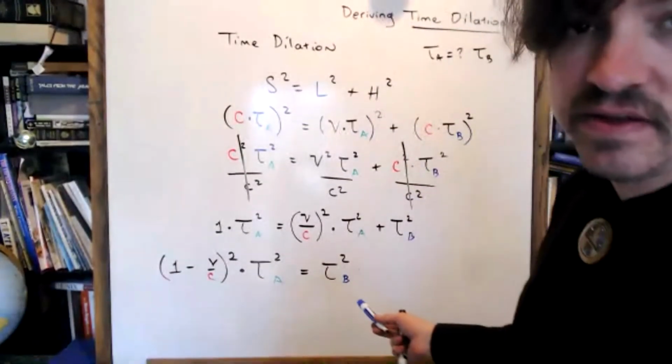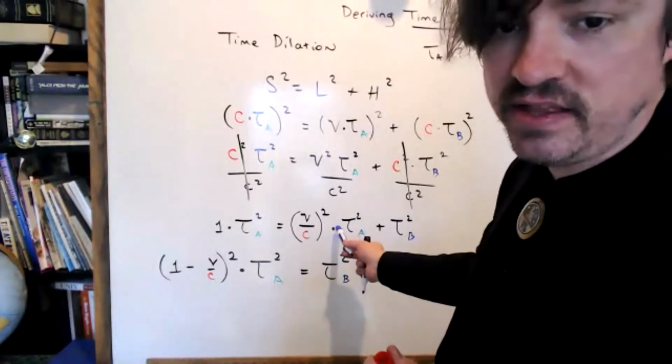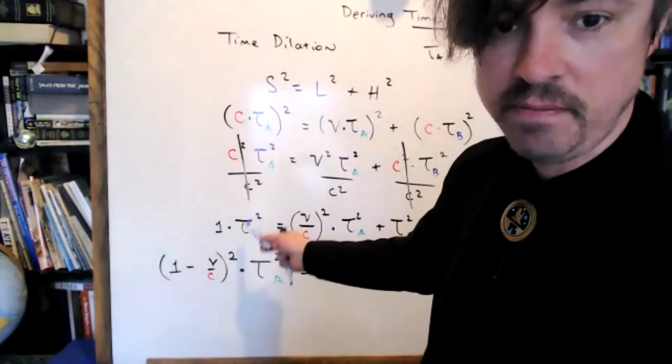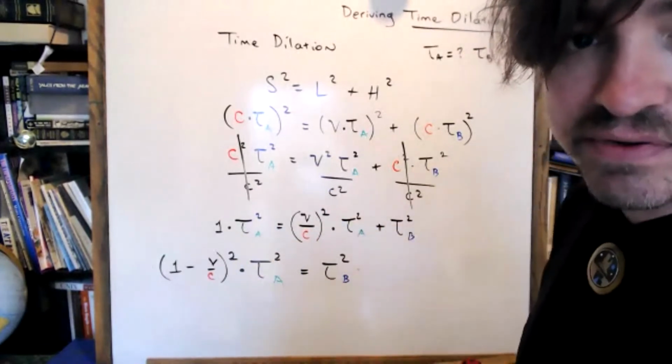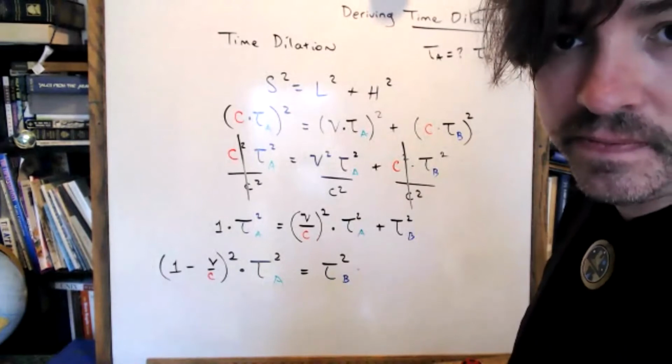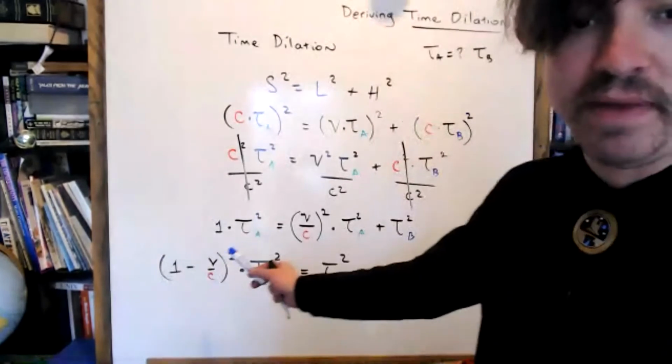Did that make sense? Or did I jump too many stones ahead for you? I subtracted this term from that side, but since it had ta in both terms, I yoinked it right out of the parentheses. Okay? Now, I'm going to take this yucky little blob, 1 minus v over c.